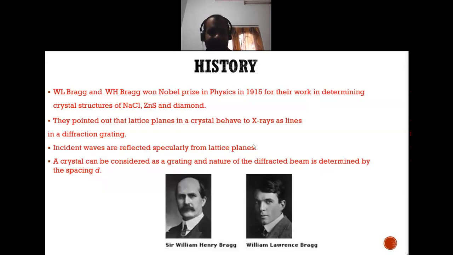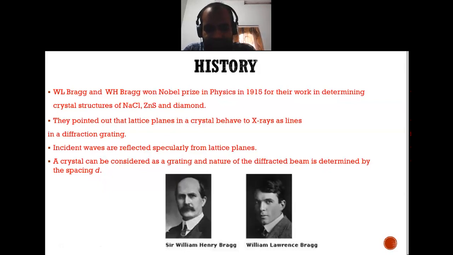Incident waves are reflected specularly from lattice planes, which means they are incident on the lattice planes and reflected off. Those reflected rays form a diffraction pattern, which we study, and which is the basis of this method of learning about the crystalline structure of materials.